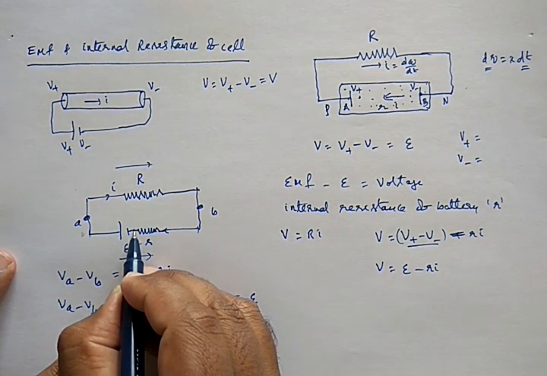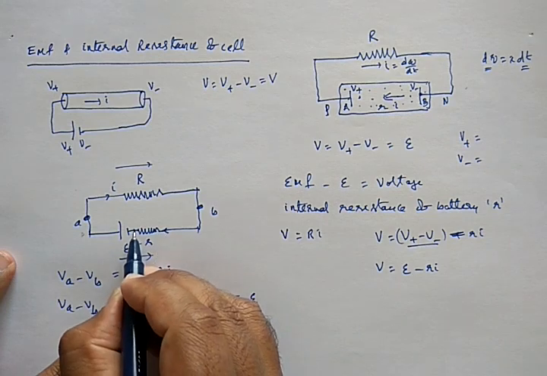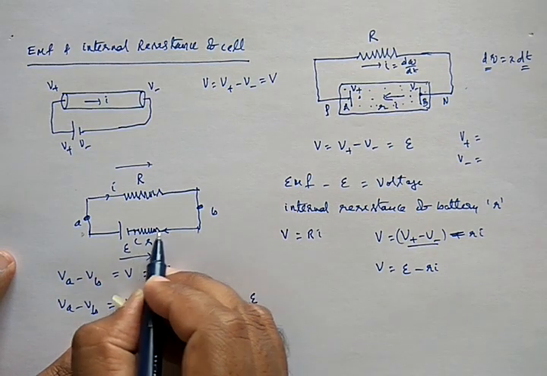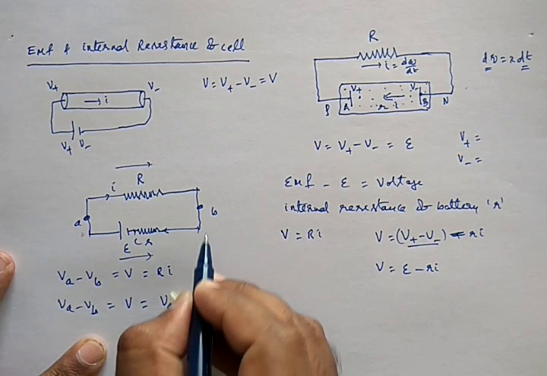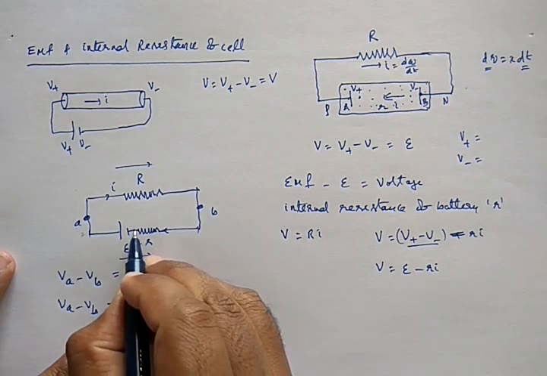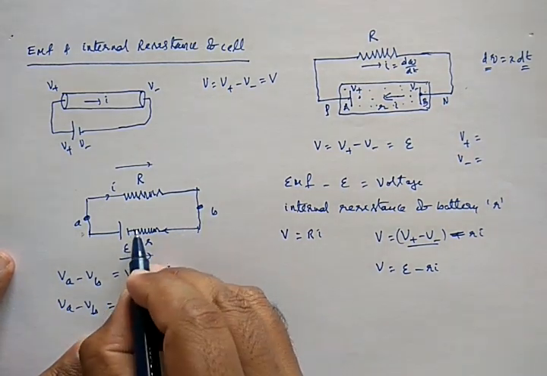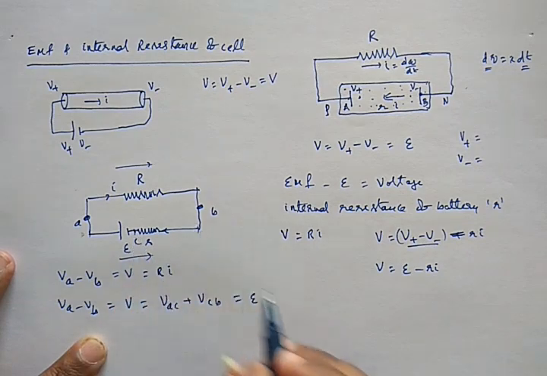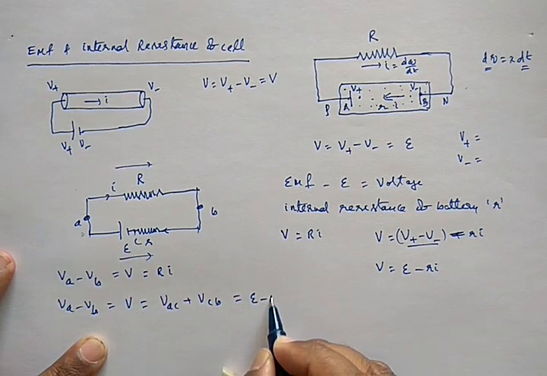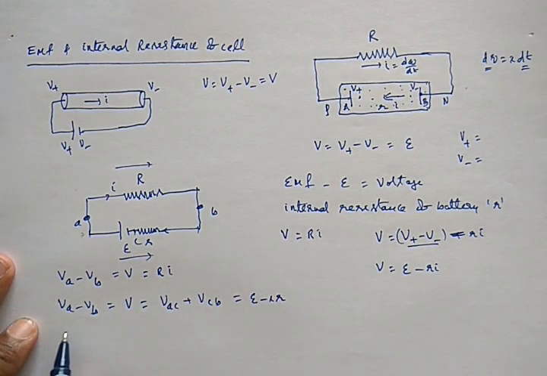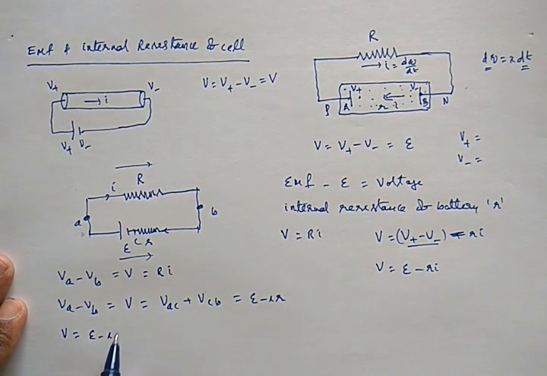And see here VC minus VB. This is C and that is B. Current is going in this direction. So it means that this potential must be greater than that potential. When that is greater than that one, VC minus VB becomes minus IR. So now you can write V equals E minus IR.